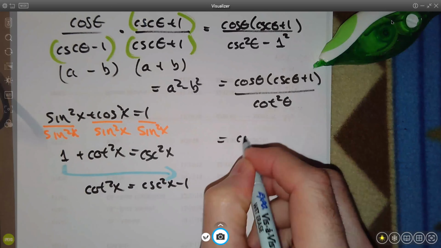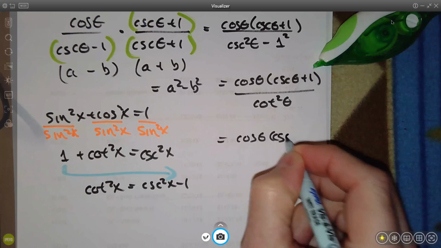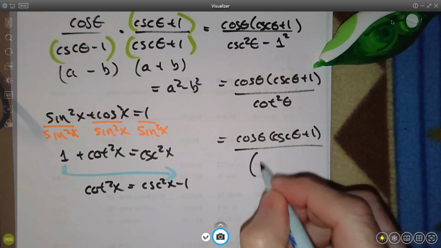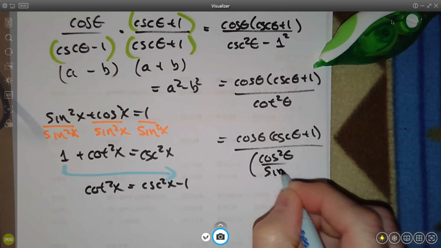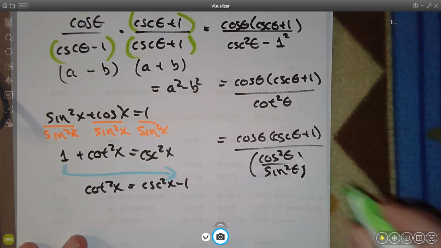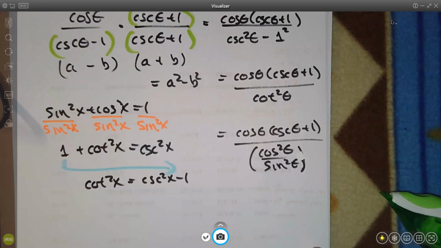In the denominator, I'm going to rewrite the denominator not as cotangent squared, but as cosine squared of theta over sine squared of theta. Like that. So I'm dividing by a fraction. What happens when you divide by a fraction? Multiply by its reciprocal. Yeah, multiply by its reciprocal.